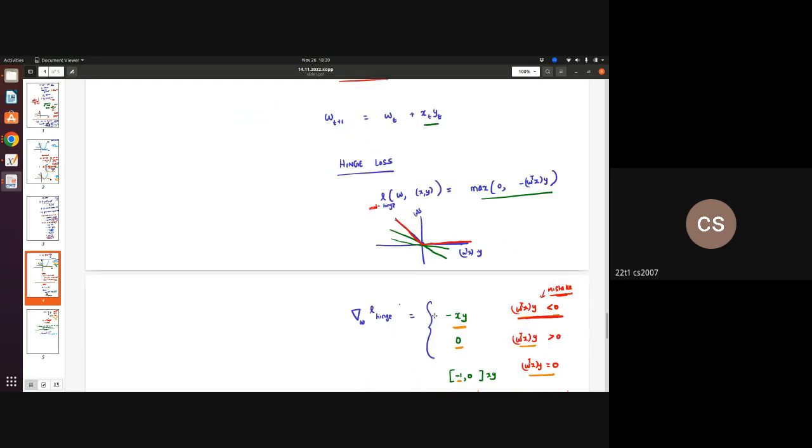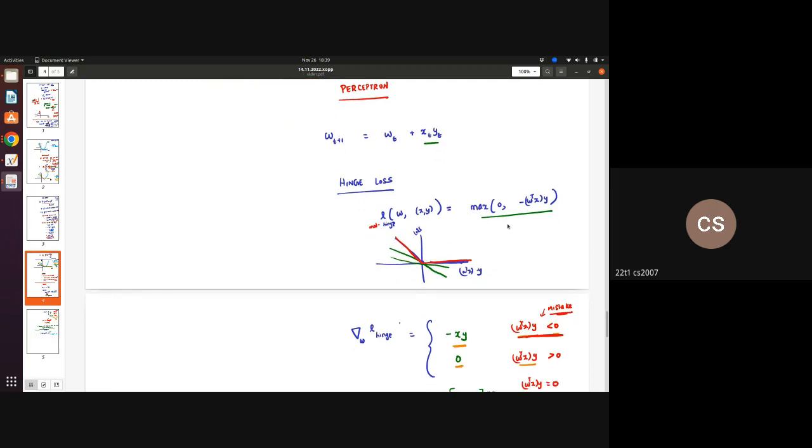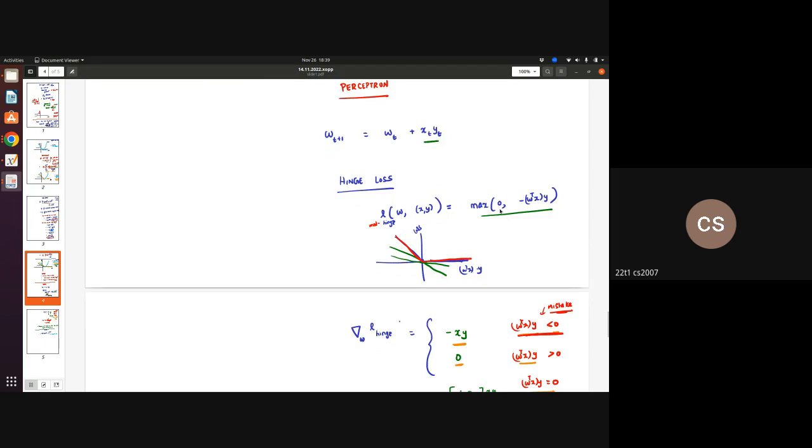Now, this is the loss function of hinge loss. When you take the gradient of this with respect to the weight, when W transpose X into Y is less than 0, which is negative, this becomes positive, and we are taking the max of that, which means that positive value will be the value of the loss.